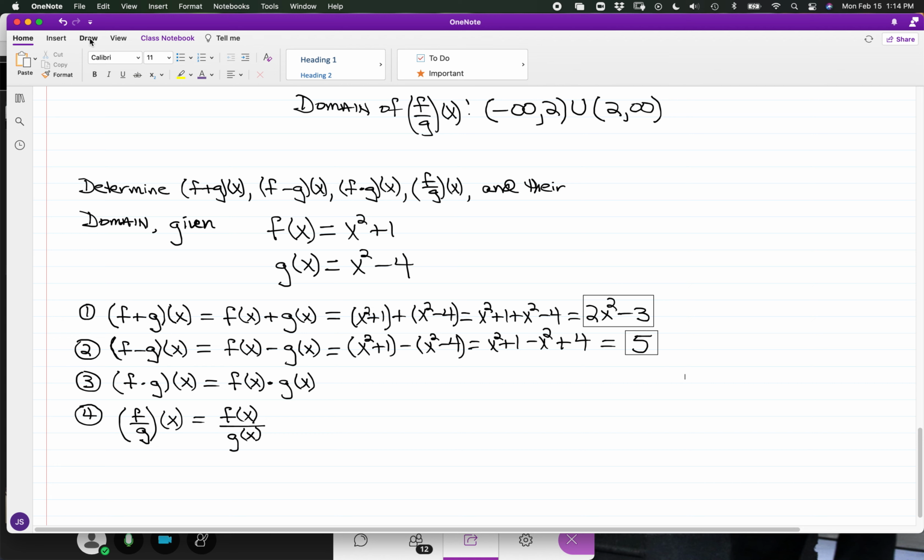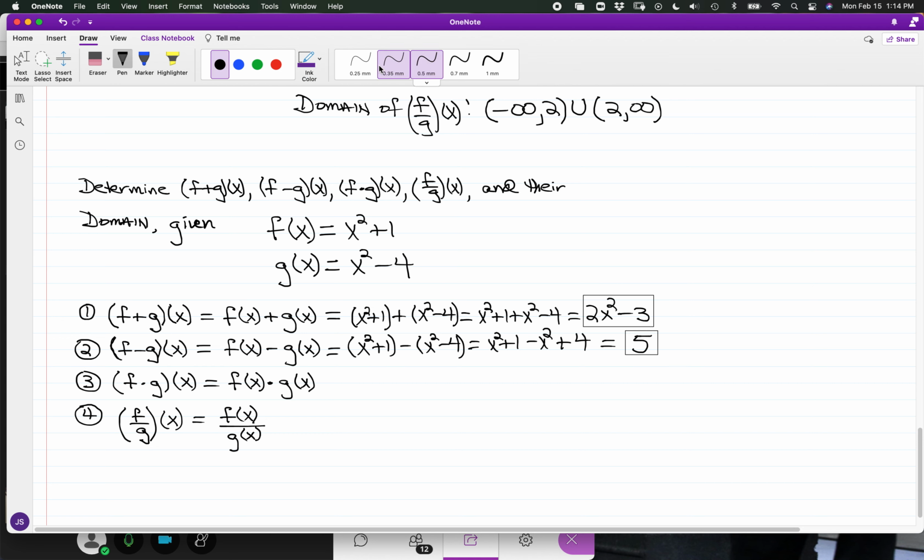Now for the product function, taking f of x times g of x, so you have the quantity x squared plus 1 times the quantity x squared minus 4, and applying FOIL, you have x to the 4th.